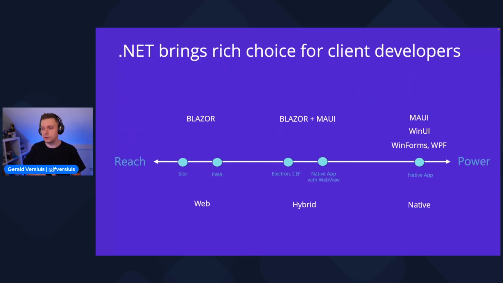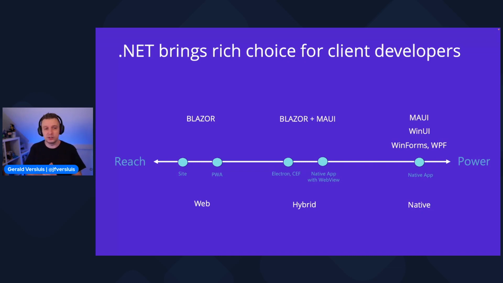Then again, with all the options, let me put them in a little graph here. Whenever reach is important to you, then you probably want to go for a website or a progressive web app. And that's basically your Blazor application. You just create that Blazor web application that runs on anything that has a browser, which is pretty much any device right now.